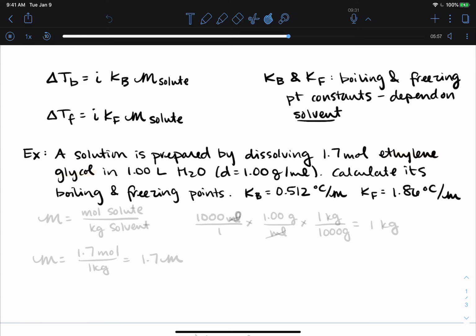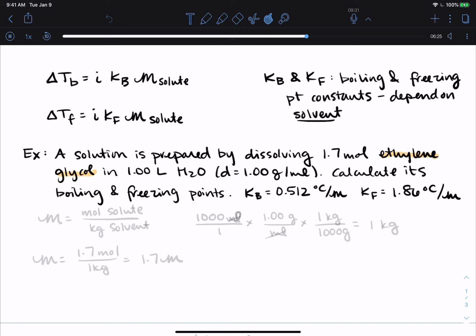So I'm going to pause the video, I'll write it out, and then we'll come back and look at it. This example says a solution is prepared by dissolving 1.7 moles of ethylene glycol in 1 liter of water, which has a density of 1 gram per mL. Calculate its boiling and freezing points, and then we're given the boiling and freezing point constants. Something that I didn't get put in here, but you will need to know to solve the problem, is that ethylene glycol is a non-electrolyte.